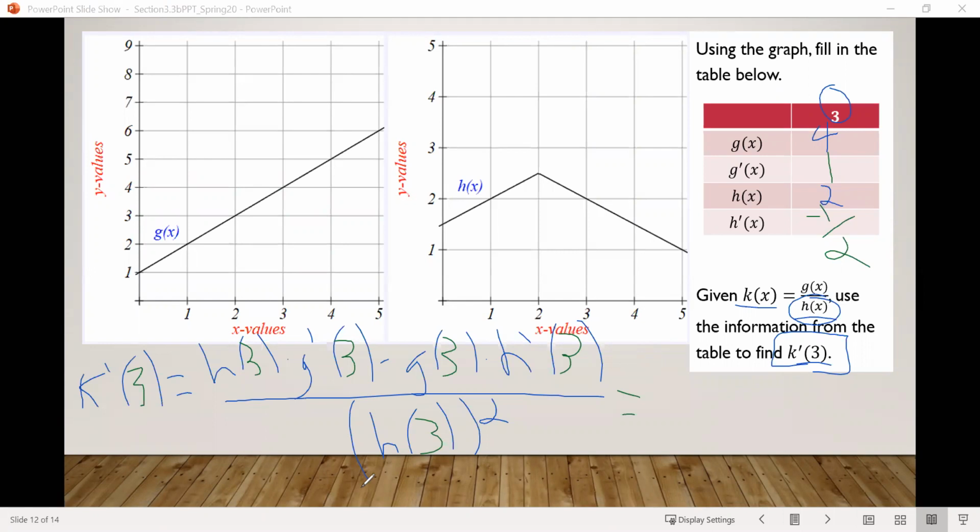We have those in the table. So h of 3 is 2 times g prime of 3 is 1, minus g of 3 is 4 times h prime of 3 is negative 1/2, all divided by h of 3, which is 2 squared.